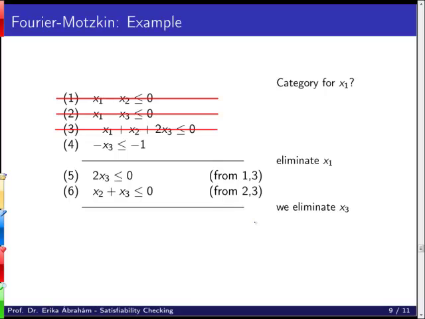So I now have 3 constraints, and the next variables are x2 and x3. I have the choice. The better choice would actually be to eliminate x2. Why?